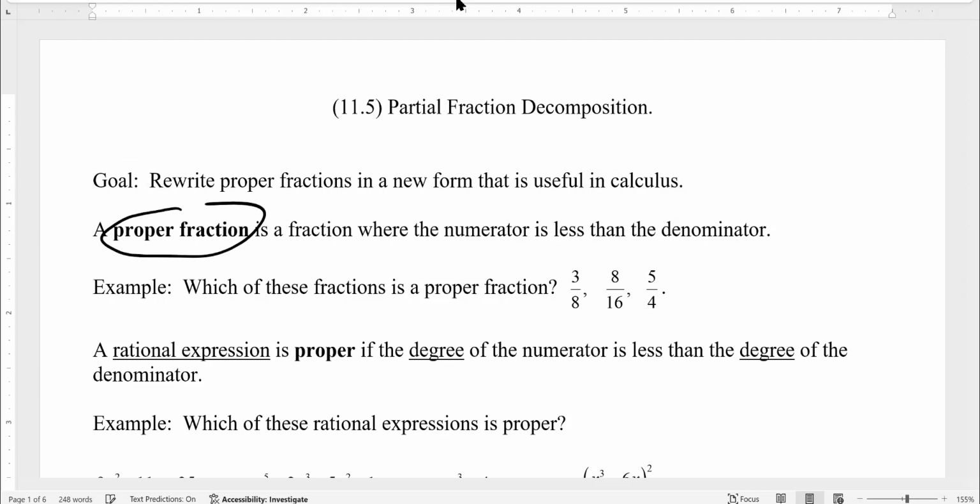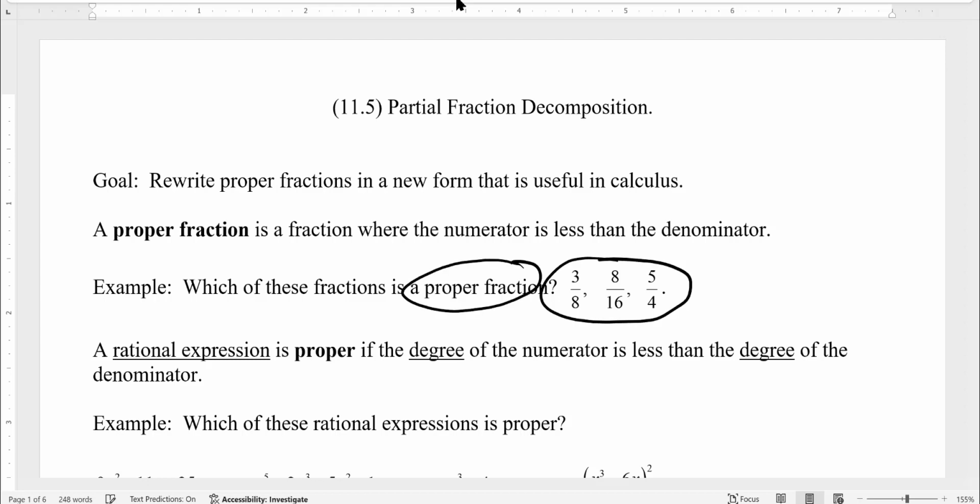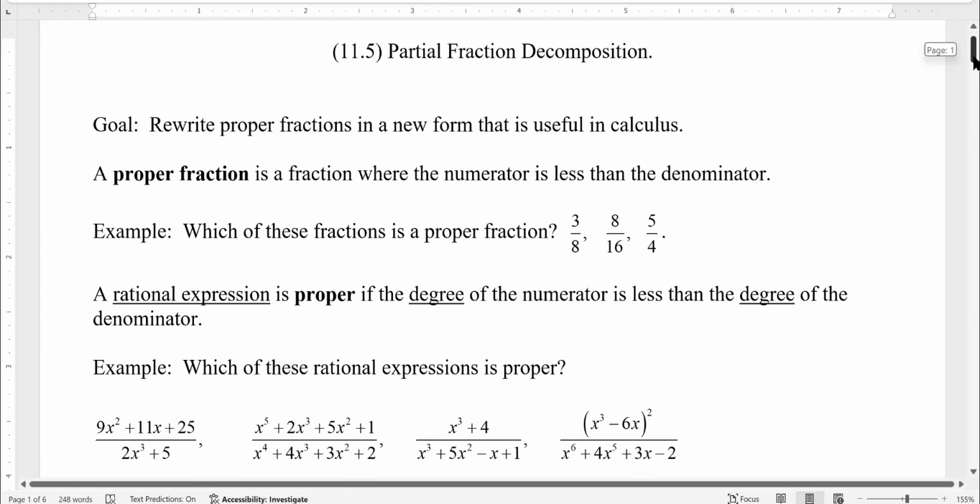You need to know what a proper fraction is. Now, hopefully you know what a proper fraction is with normal ordinary fractions. That's just a fraction where the numerator is less than the denominator. Well, it's a similar idea when you're dealing with variables.